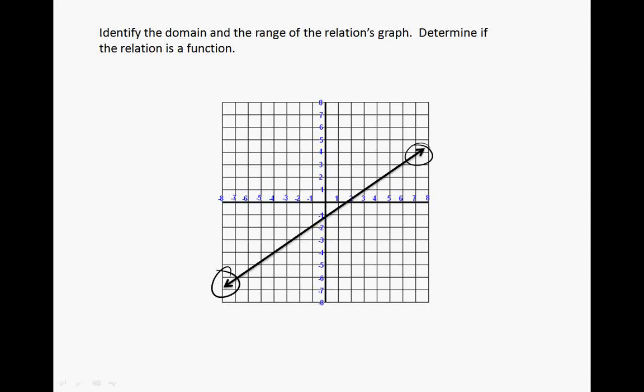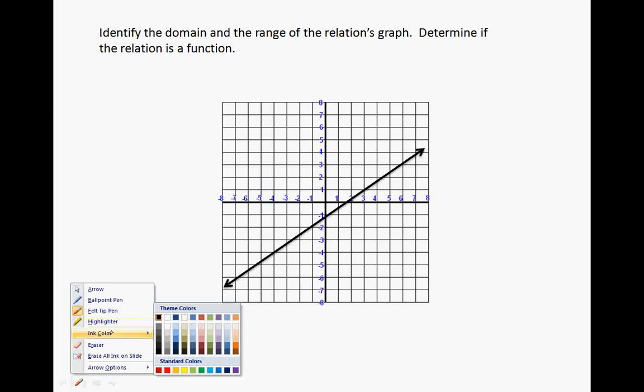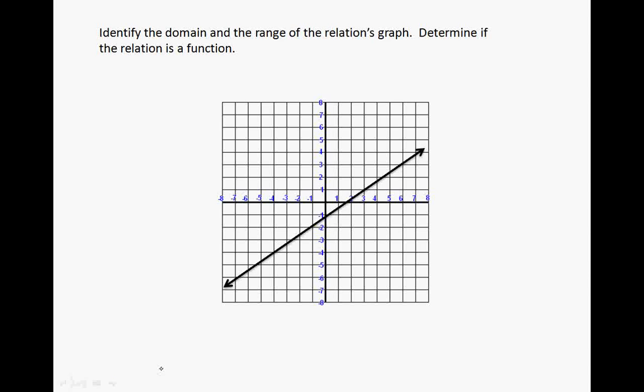So our question is, identify the domain and the range, and then determine if the relation is a function. And you know, actually, I'm going to see if it's a function first. It's really easy. When you look at all of your x values, there should not be any x value with more than one y value. So we do what's called the vertical line test.